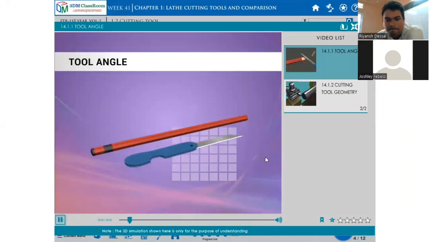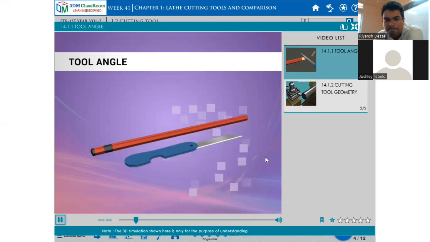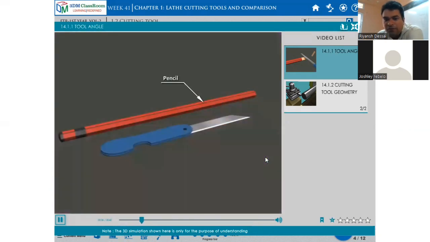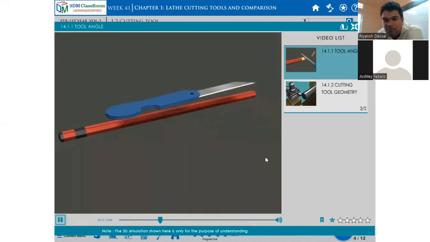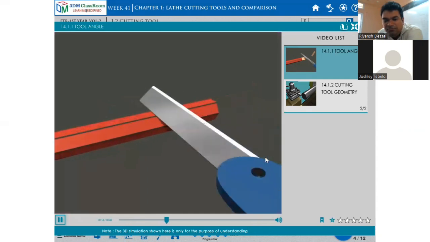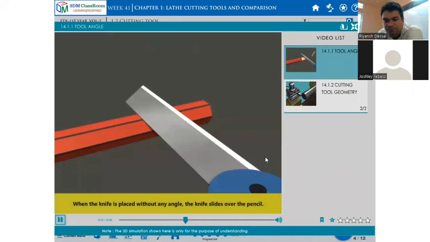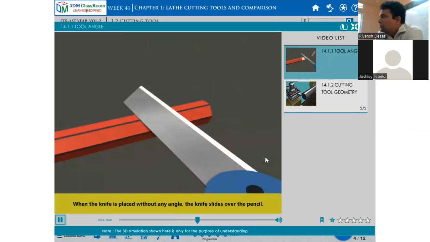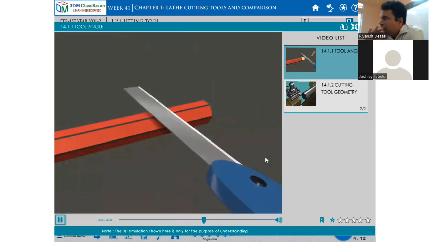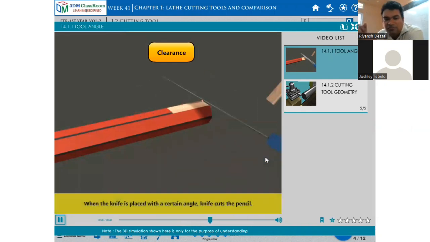Tool angle. In this video, we will discuss the tool angle. What is the tool angle? First, the example of a pencil and a knife is given. With no clearance, without any angle, the knife slides over the pencil. If we give some angle, clearance, then with a certain angle the knife cuts the pencil.